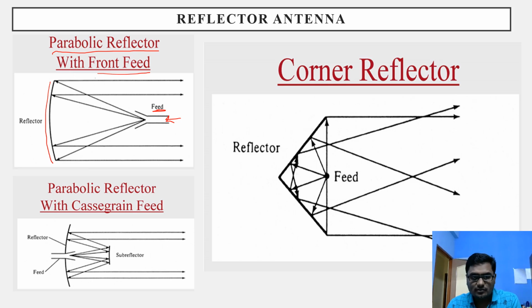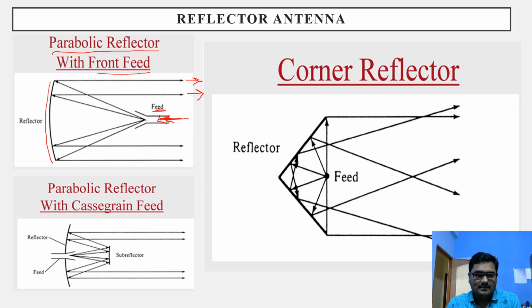Front means in front of the reflector I am having a feed to the antenna. I am feeding the antenna with some electrical signal. Look at this. This is a feed. An electromagnetic signal will reflect and be transmitted into air this way. I will feed the electrical signal here.